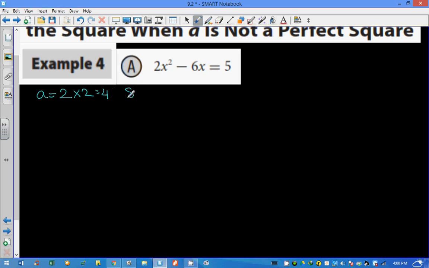So the step 1, multiply both sides by 2.